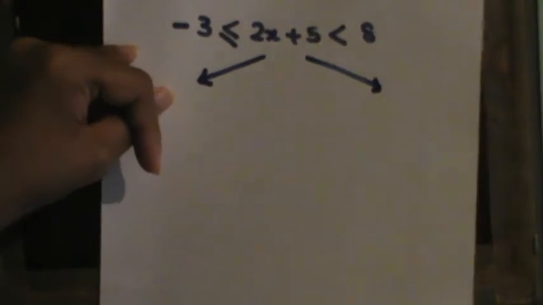So I will break this into two parts. My first part will be minus 3 is less than or equal to 2x plus 5.